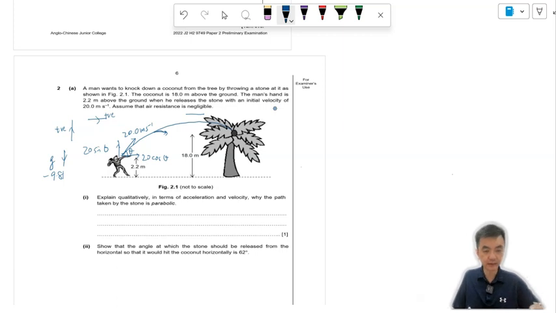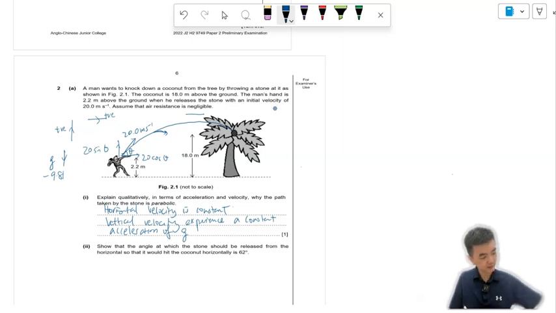So we're going to just write down this part. Horizontal velocity is constant, whilst the vertical velocity experiences a constant acceleration of g.